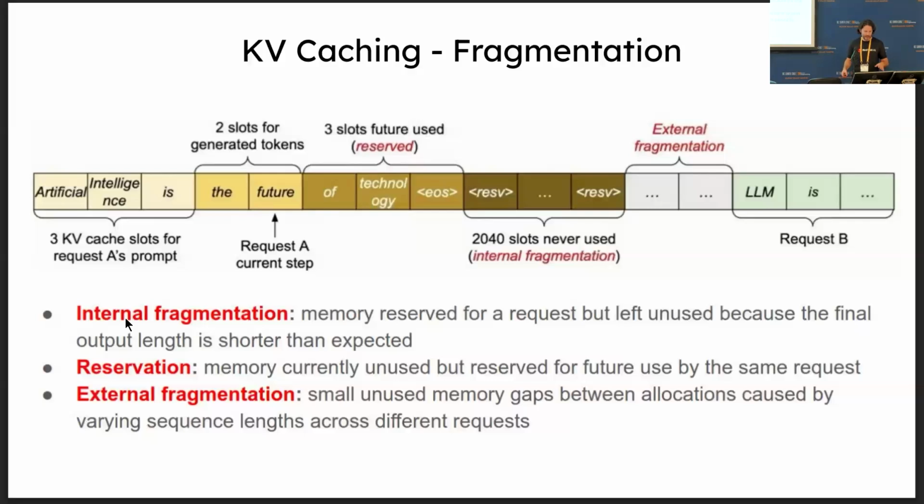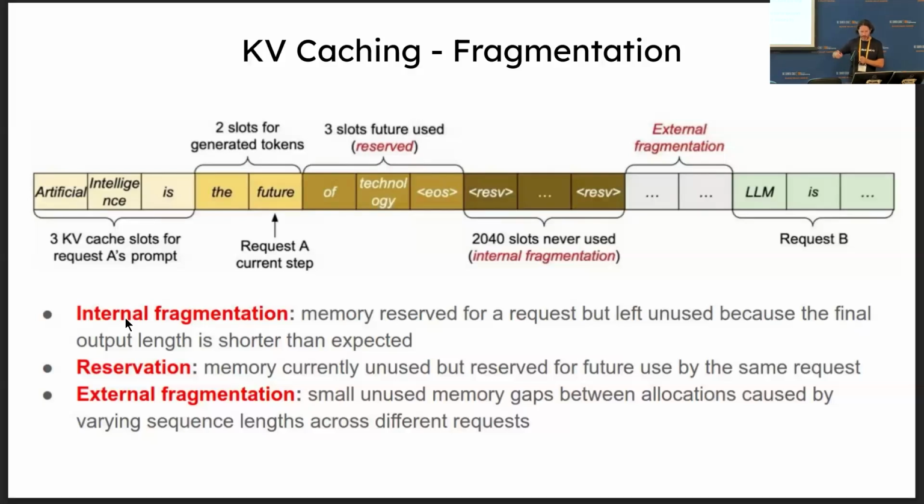This picture here shows the problem. There are different types of fragmentation that happen when you try to reserve space for the KV cache in the GPU memory for these different sequences. On the left-hand side, you can see the slots for the prompt, which is the input tokens, "Artificial intelligence is", and then we've appended to the KV cache to generate the next two, "the future", and that's where it's got up to so far.